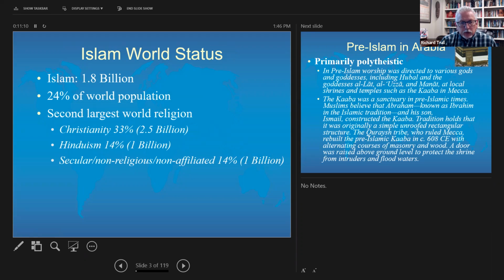The next religion would be Hinduism, which is now about the same as secular or non-religious or non-affiliated, which group can be atheists, agnostics, or just people that aren't affiliated with any particular religion. But they give you an idea of the size of the population of Islam.